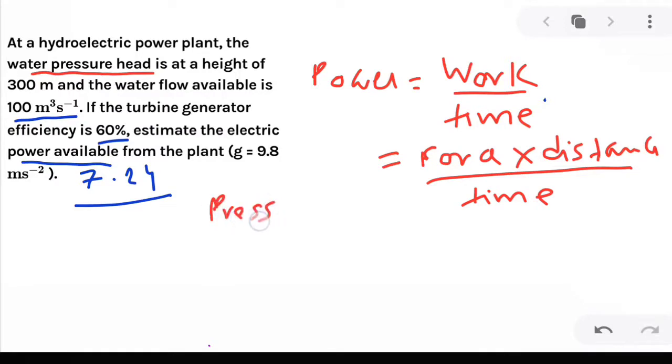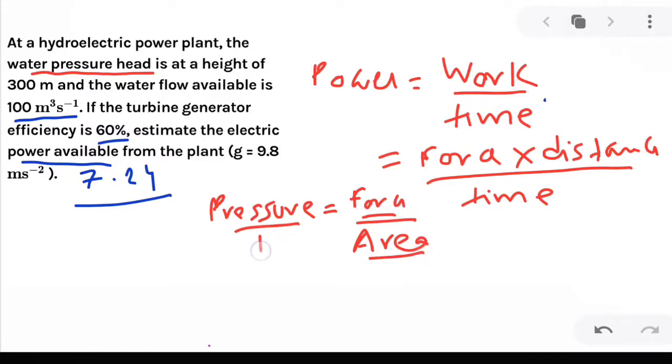Pressure is equal to force divided by area. So that means we can write force as a product of pressure and area. So if pressure is P and area is A, this force can be replaced by pressure into area.